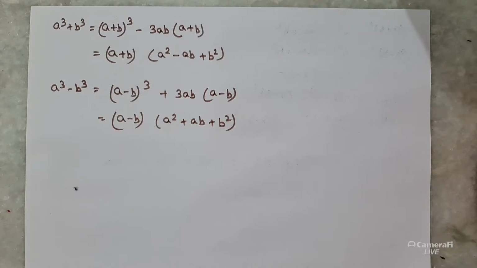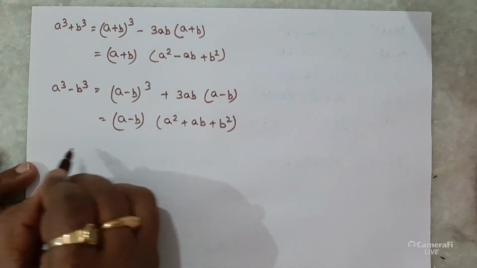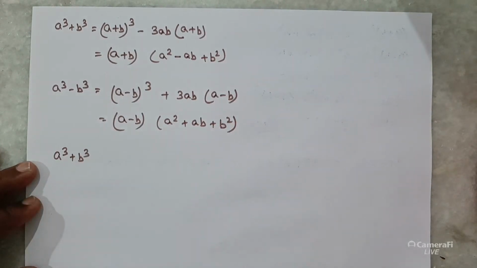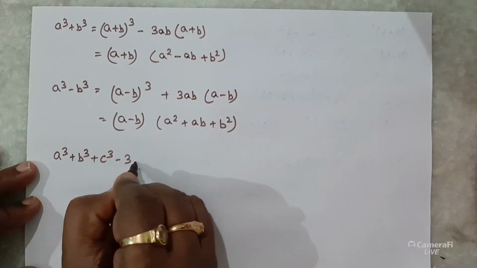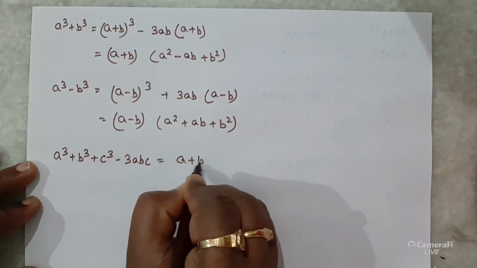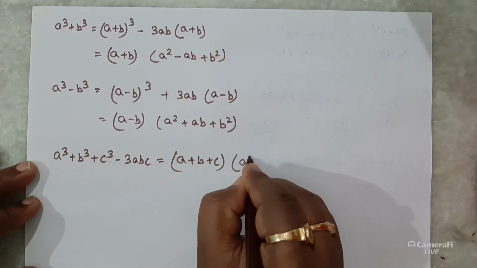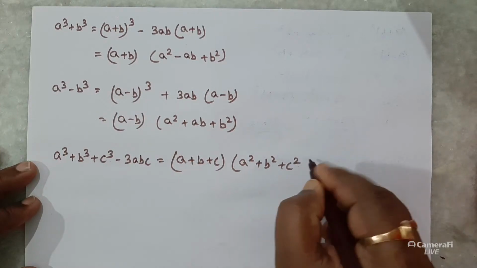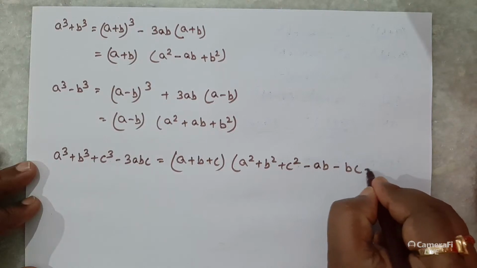This is the formula. One more formula you will require, that is a cube plus b cube plus c cube minus thrice abc is equal to a plus b plus c into a square plus b square plus c square minus ab minus bc minus ca.